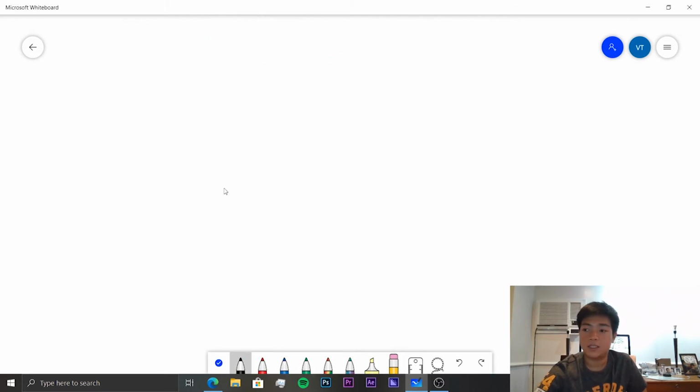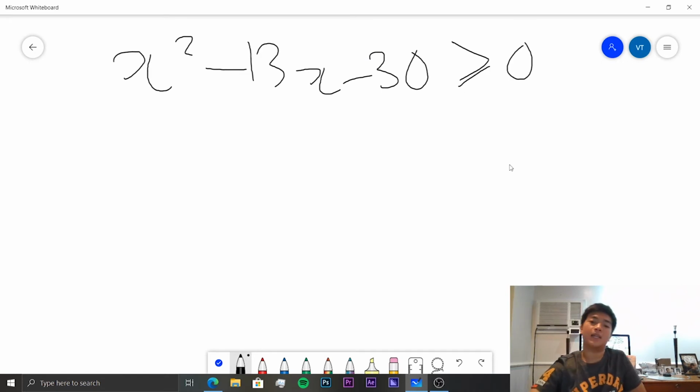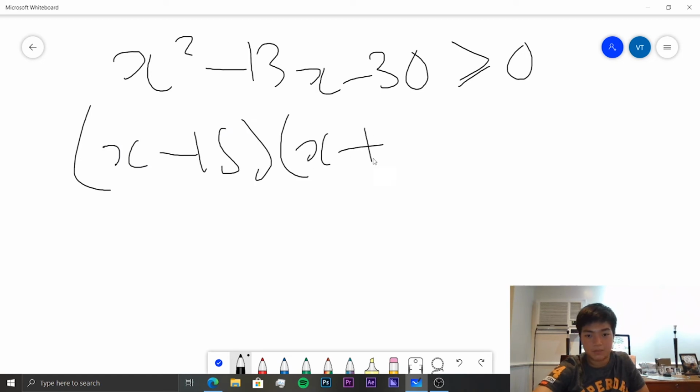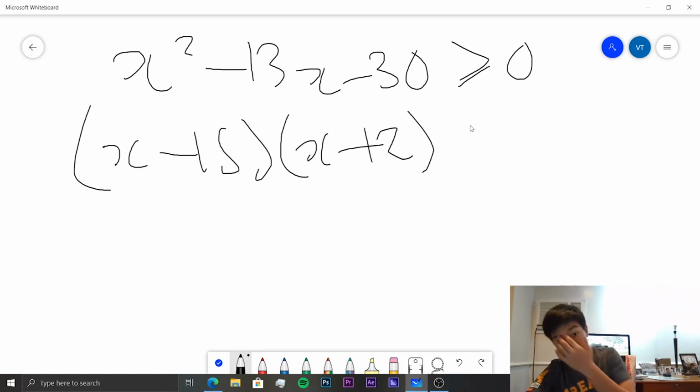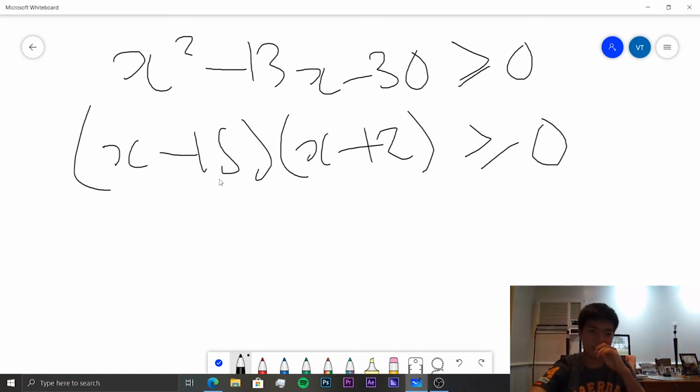For the next one, we have x squared minus 13x minus 30 is greater than or equal to 0. Actually, we can easily factorize this. This would just be (x minus 15) times (x plus 2) is greater than or equal to 0.